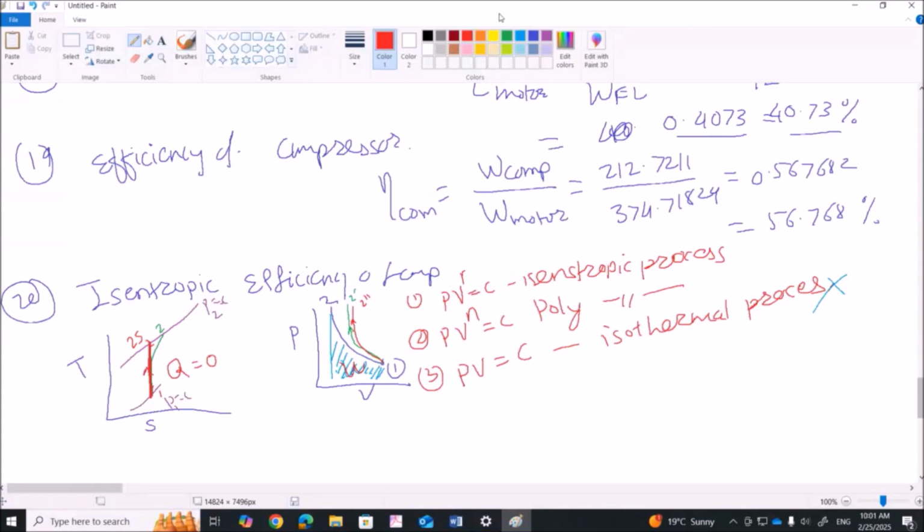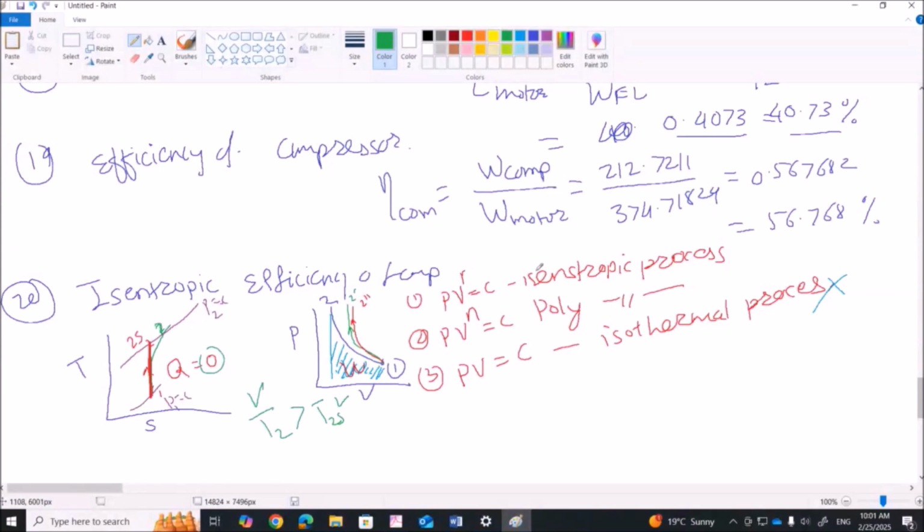The actual is 2. See, the temperature T2 is greater than T2s because heat is added in the air, so the temperature will increase. And if the heat is 0, we will get this 2s.